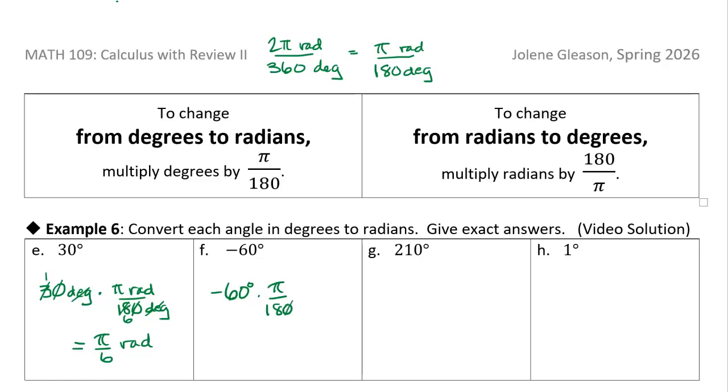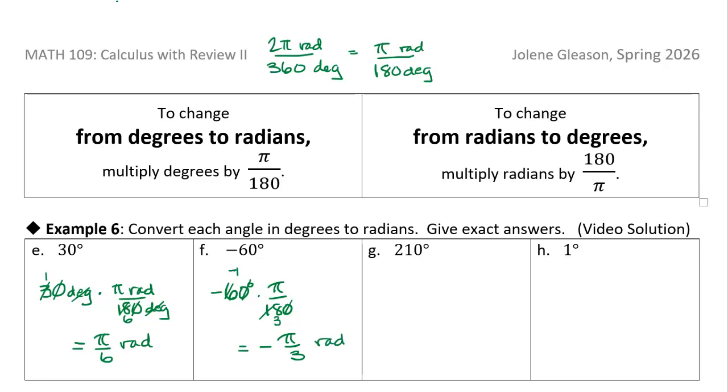Again, I can see a factor of 10. I'm going to cancel out the factor of 10, and then I can divide 18 by 6. So this is going to end up being a negative 1, and 18 divided by 6 is 3. So I'm going to get negative pi over 3 radians.